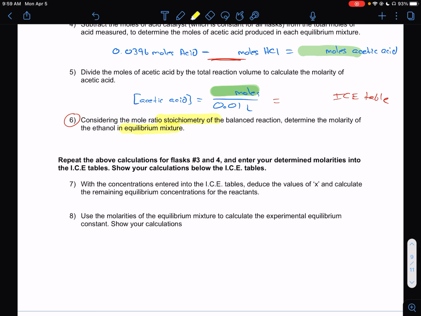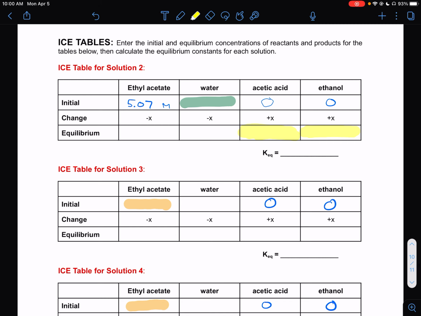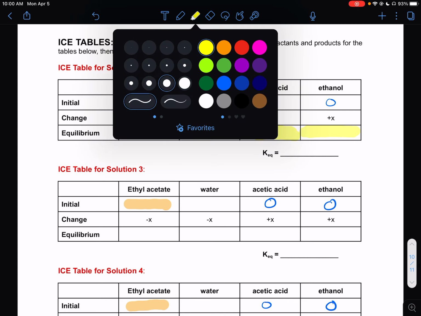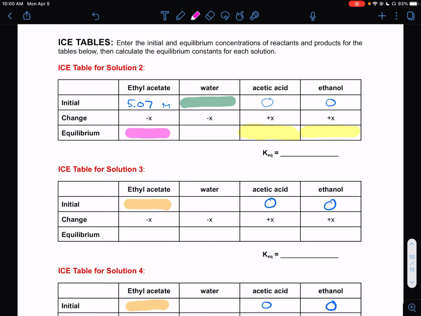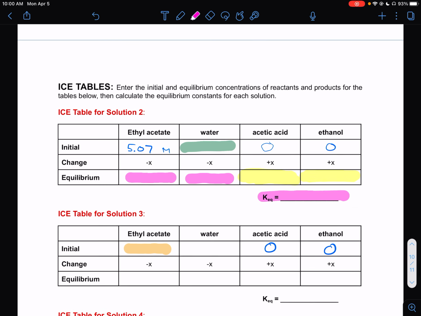Those values are what we just got here and here, which now allows us to go through and calculate all of our values. You should now be able to determine your equilibrium concentrations of ethyl acetate and water, which allows you to calculate K. And once you have K, you can go ahead and answer the rest of the questions.